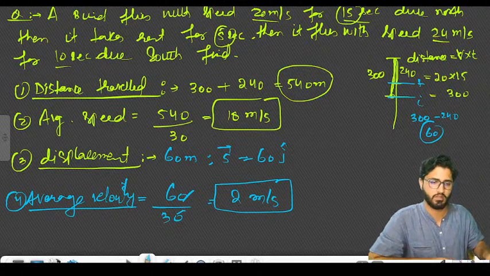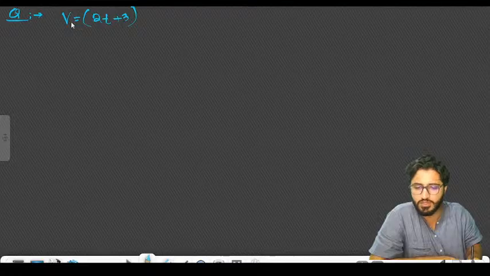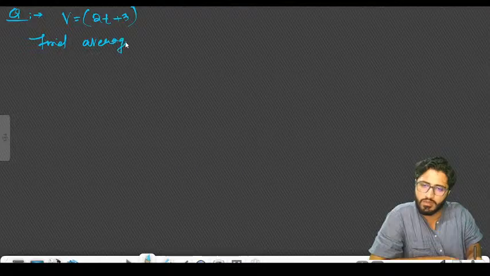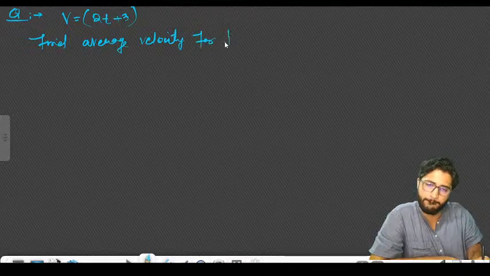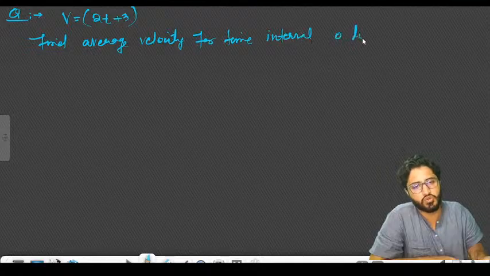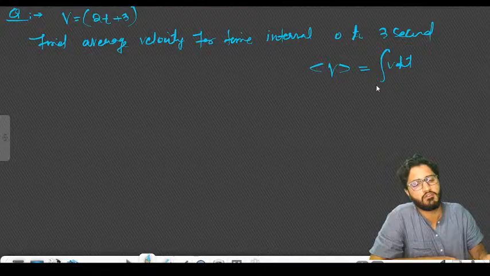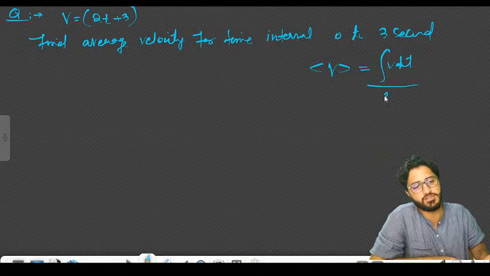Okay, now, if you will get a numerical like this, look now. V equals to 2t plus 3 speed. Okay, so find average velocity for time interval 0 to 3 seconds. What is average? Average means the formula that we derived in basic maths, right? This was my formula.